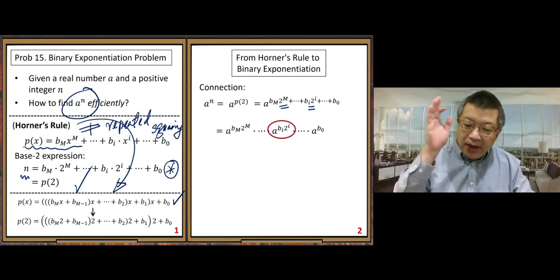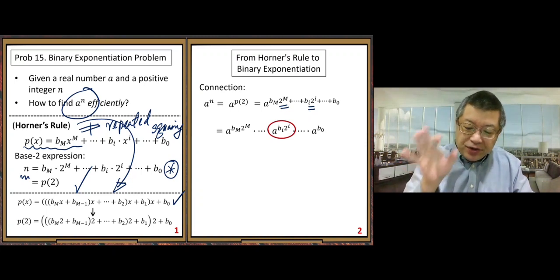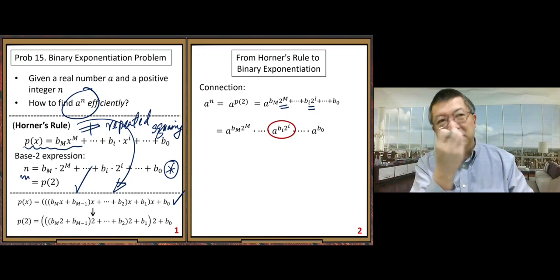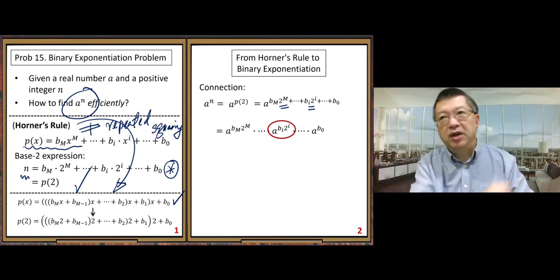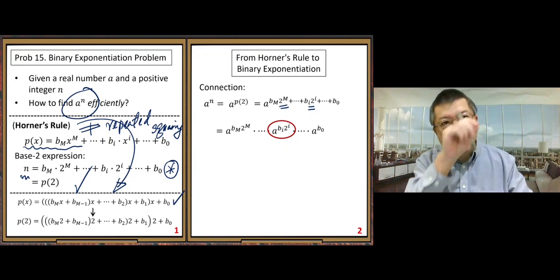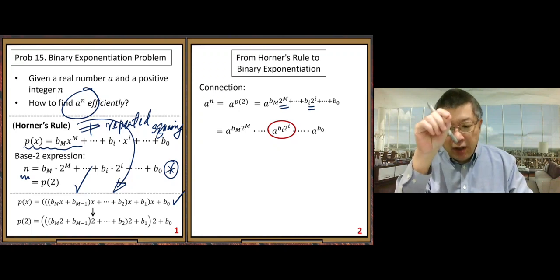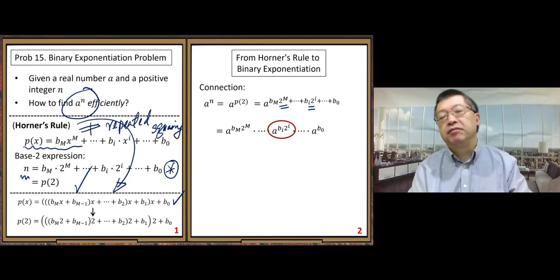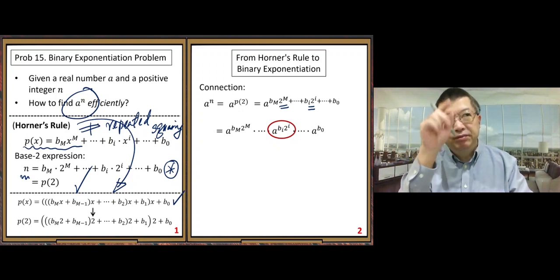How different? Let me use this general element. I treat this as a general element in the whole product structure: b sub i times 2 to the ith power, used as the exponent of a.